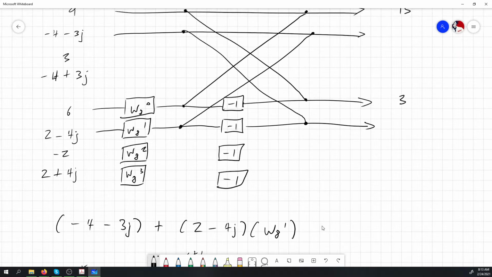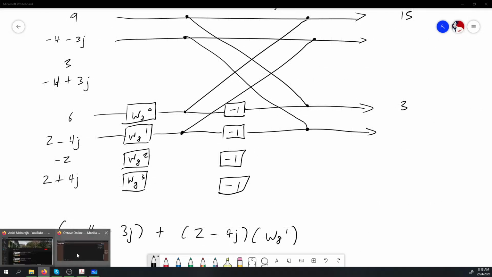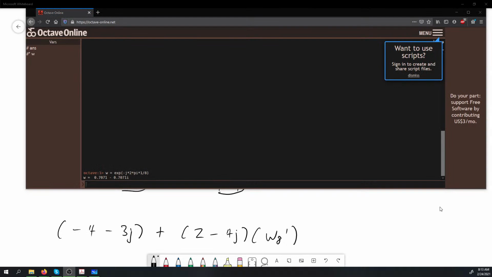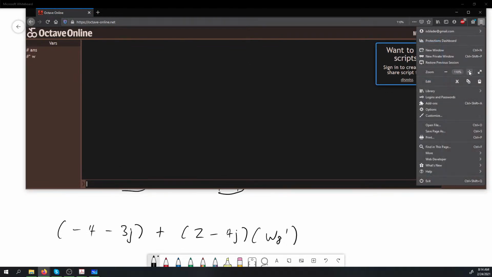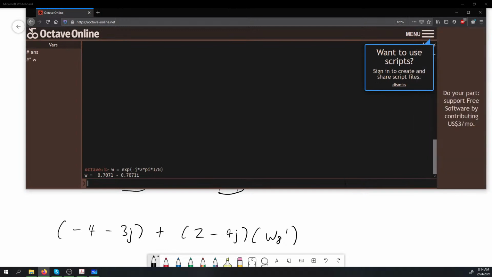So down here, bring up Octave here. Let's just zoom in a little bit, that way you guys can actually see this.